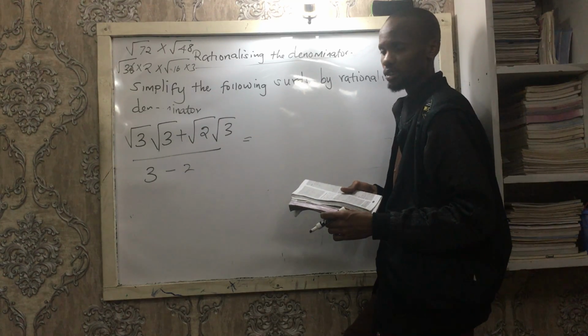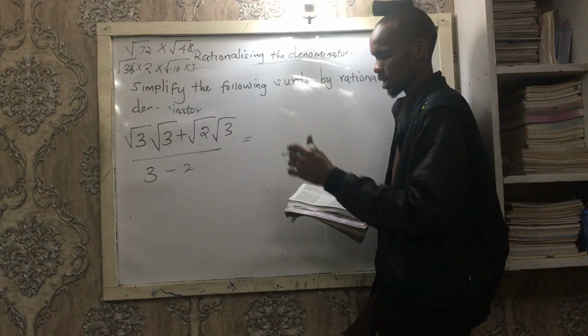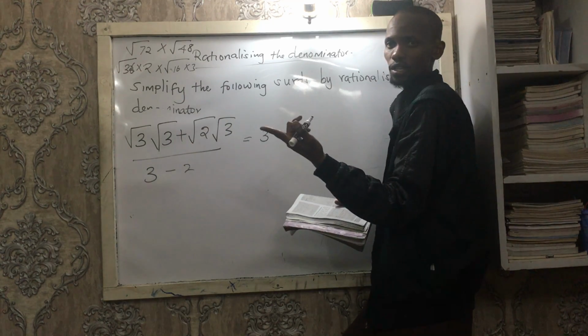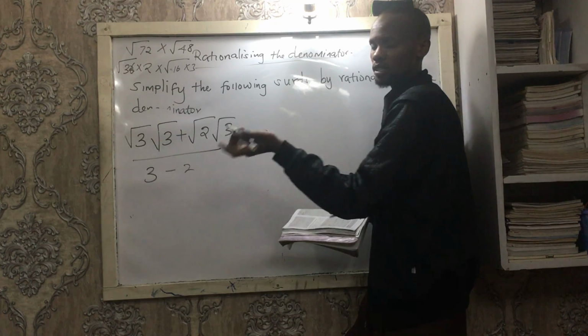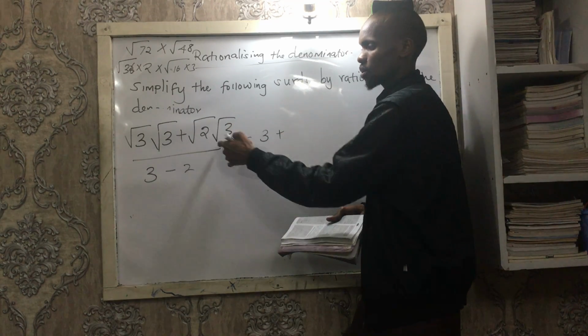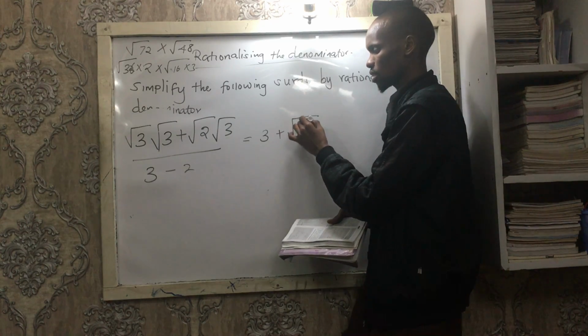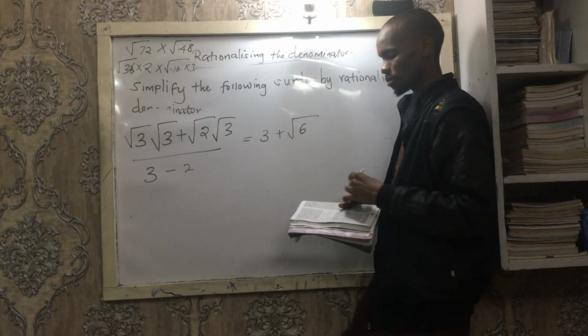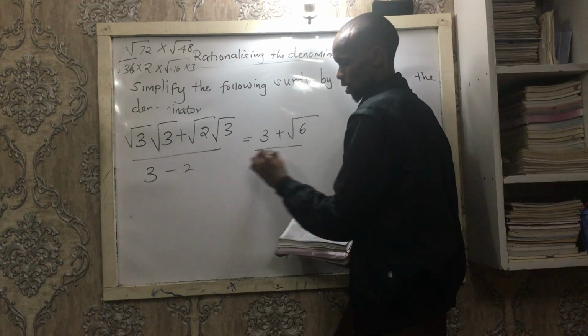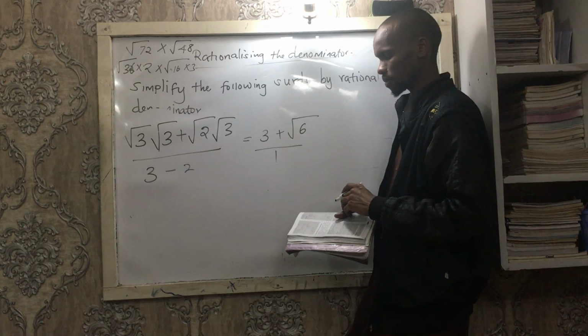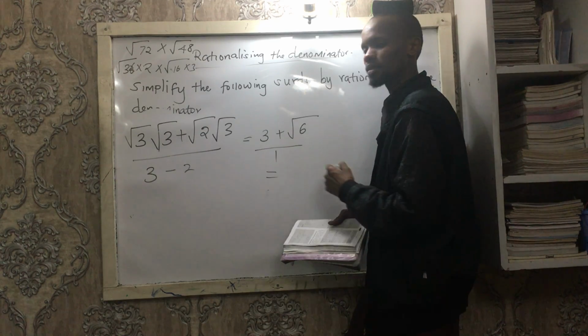Remember at the addition we factor out only one, right? Yeah. So we'll have a 3, right? Root 3 is just taking the 3 because these two roots cancel out, right? So plus, but these ones are not common, right? So we'll have 2 times 3, that is root 6, right? Over 1. Okay? Right together?